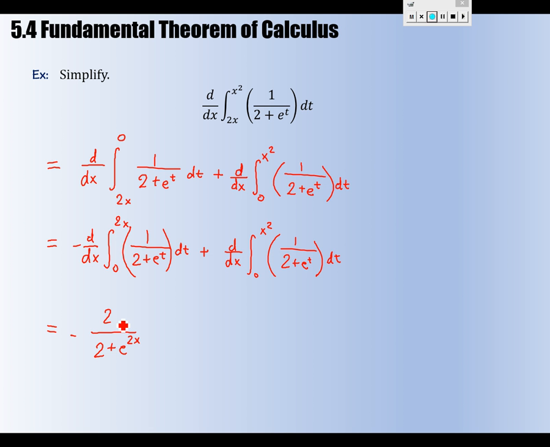Yeah, throw a 2 up there just for fun, because of the chain rule, right? And that guy over there is 1 over 2 plus e to the x squared times 2x. And I don't actually see a real great way of doing anything more than that in the way of simplifying, right?